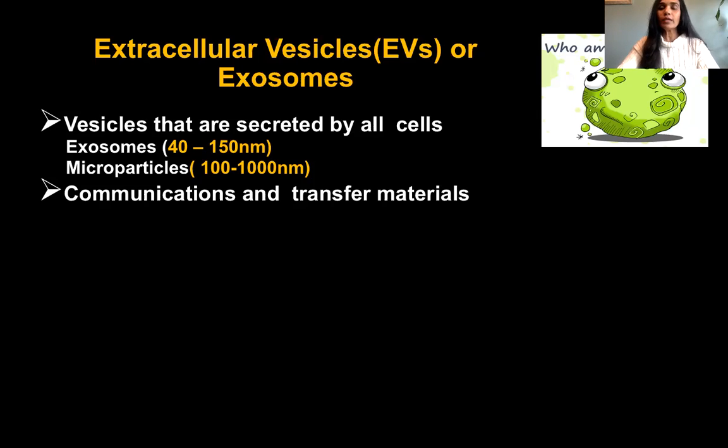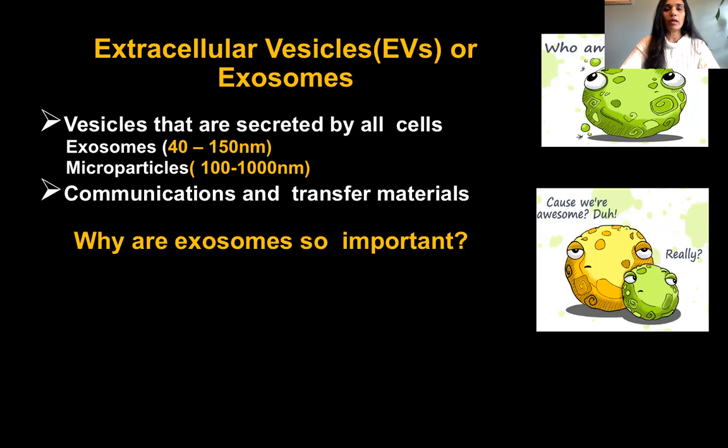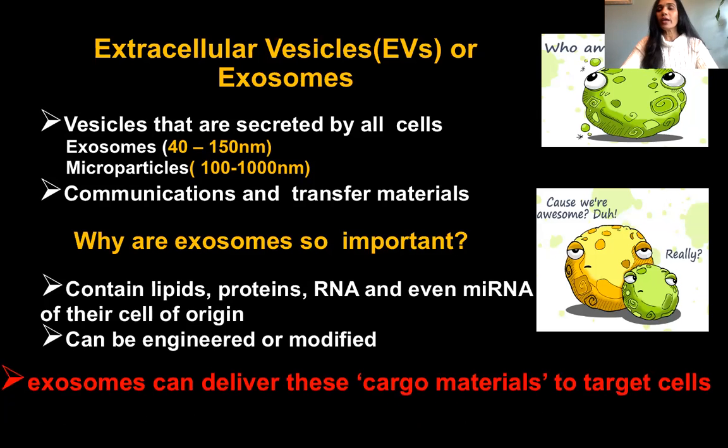They are cellular messengers. They aid in communication between the cells, and they transfer materials between the cells. Why are they important? Because they contain lipids, proteins, and genetic materials like RNA or even miRNA, and they are from the cells of their origin.